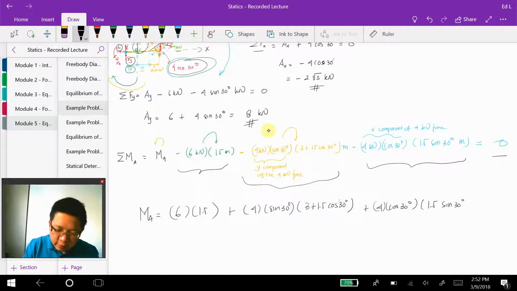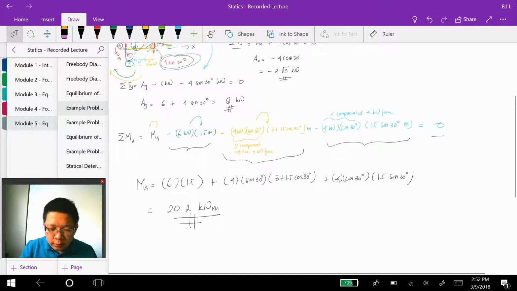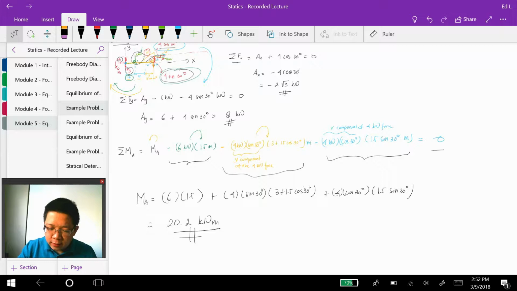Perform these calculations, and if my calculations are correct, you will obtain 20.2 kilonewton meter.